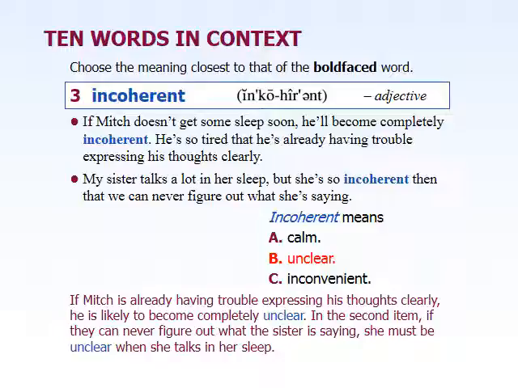You can't understand the meaning of what they're saying. In the first example, when we get really, really tired, we try to talk, but people can't understand us because our minds are so cloudy that we can't put together a sentence that makes sense.